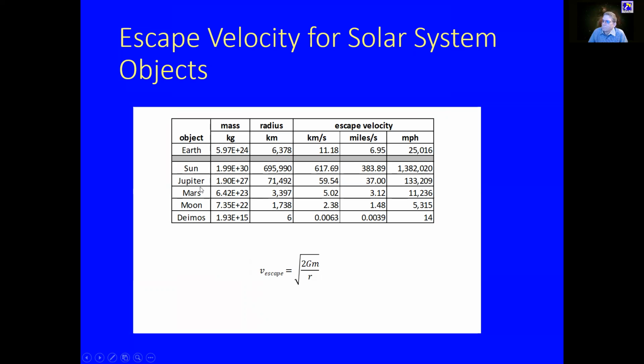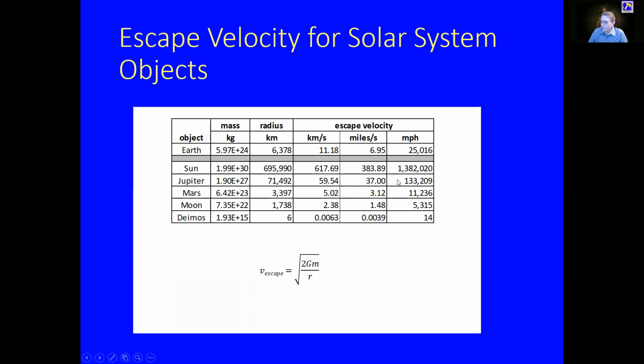Jupiter is another one that we can compute. Now you can see Jupiter is quite a bit less massive than the sun. It's about 1,000 times less massive than the sun, but it's still considerably more massive than the Earth. It's like 300 to 400 times as massive as the Earth. And the size of Jupiter is quite a bit larger than the Earth.